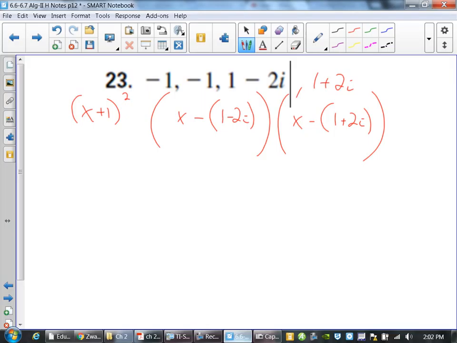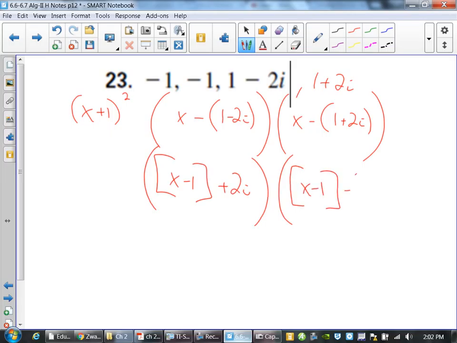When I get to this part, I'm always going to distribute the negative into the 0th term, and then rewrite. So I'm going to get x minus 1 plus 2i, and then on the other side, I'm also going to have x minus 1 minus 2i.